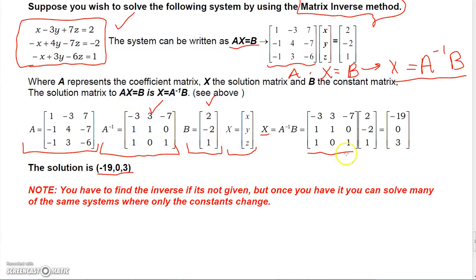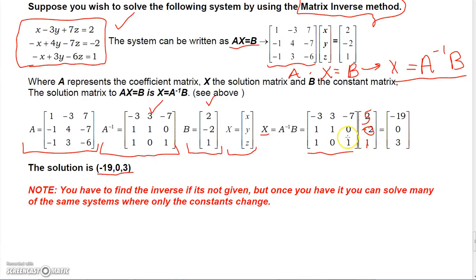So if I had another example, let's say I had the same system where the constants were 3, 2, 1, well then I could just take this same inverse and multiply it by the matrix 3, 2, 1. And then if I had another system and let's say the constants were 5, 0, 1, I could just plug in 5, 0, 1 and multiply it.